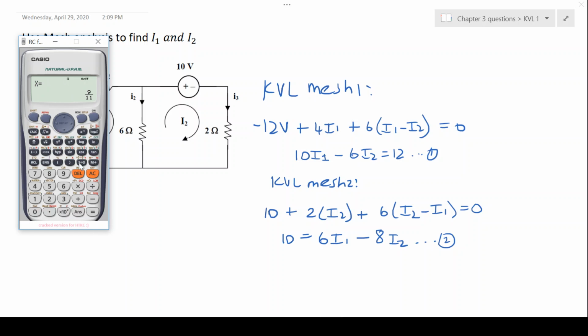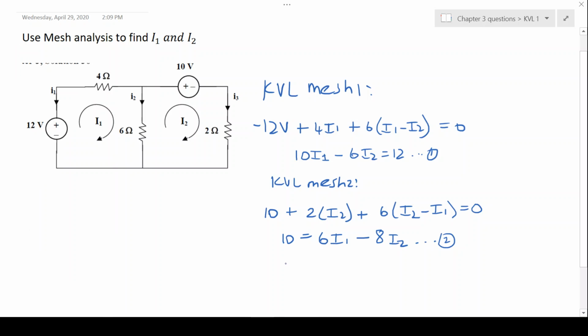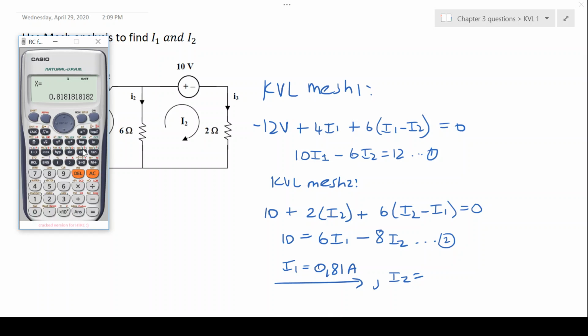And if we solve for that, we find that the first current, I1, is equal to 0.81 amps, and I2 is going to give us a current of negative 0.63 amps.